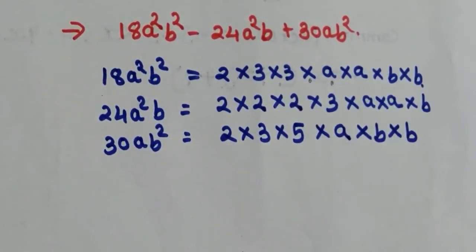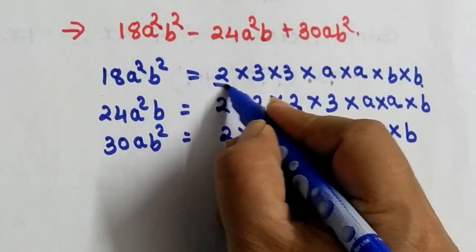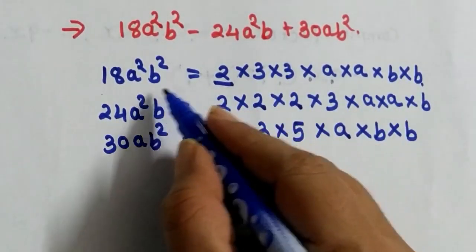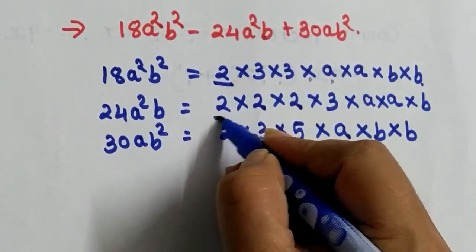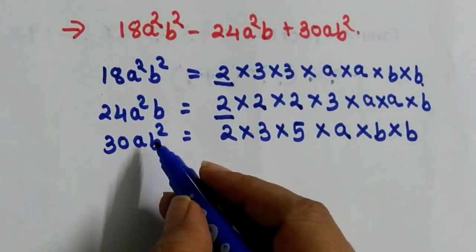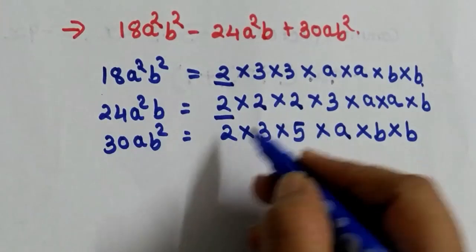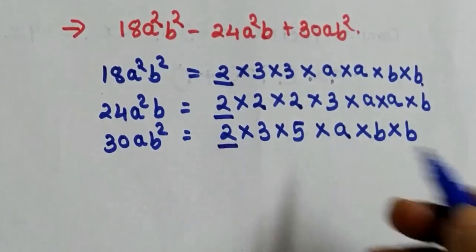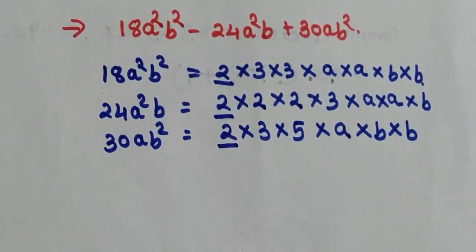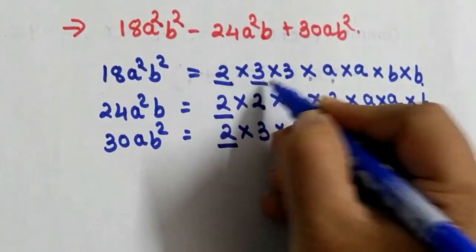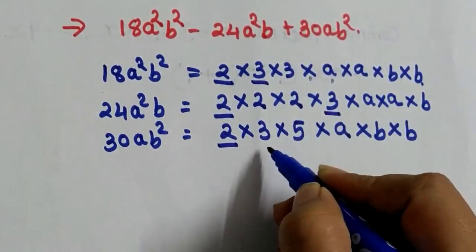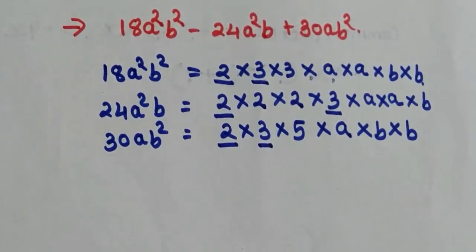So here we can see if we have to find out the common factors, 2 is there in 18a square b square, and 2 in 24a square b, and 2 in 30ab square, and one more common factor is there, that is 3, a numerical common factor, and here also 3.